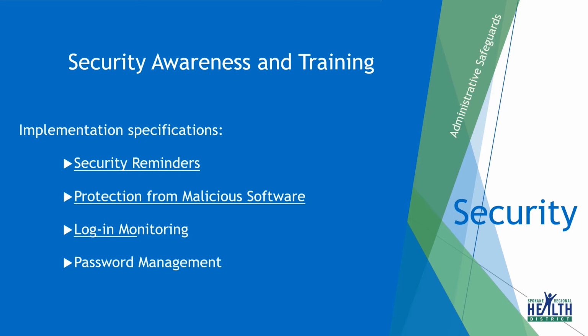The last two, login monitoring and password management, are addressed in the SRHD password policy and ensure that there are procedures for creating, changing, and safeguarding passwords, and that responsibility has been assigned to monitor login attempts and report discrepancies.